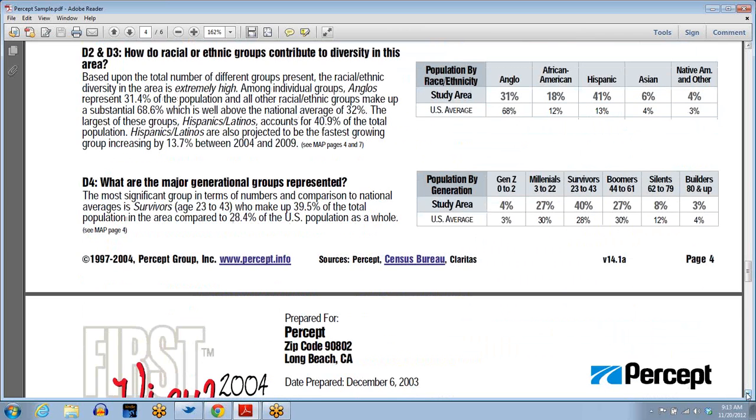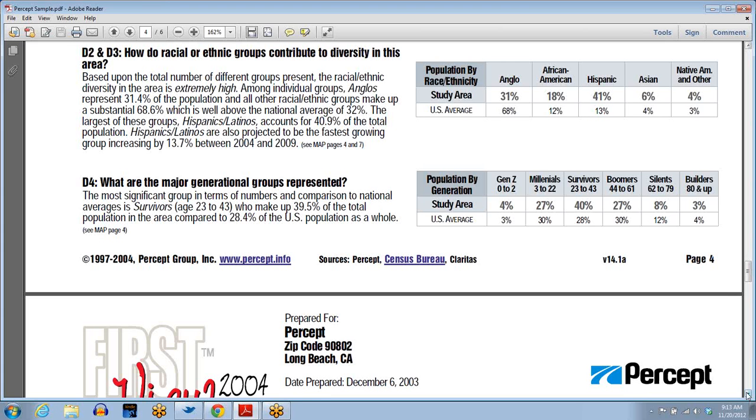When you look at the generational groups, this is very helpful. You can begin to get an idea of how the population is made up. And if you're called to reach the builders, 80 years of age and up, which very few of us would be, you've got a very small percentage of people, and you're going to have to go to them. They're not likely going to come to you.